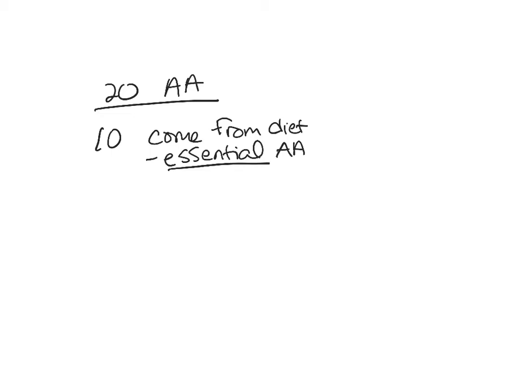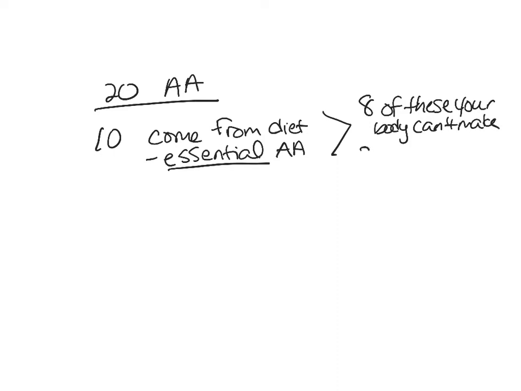Your body can't make them, so it's essential that you eat them. Of these 10, 8 of these your body cannot make. And 2 of these your body doesn't make in a high enough quantity for a growing child.